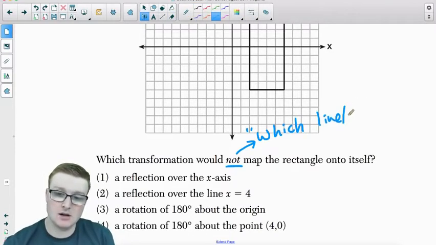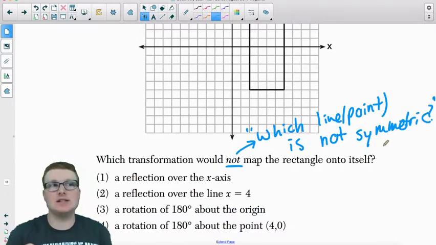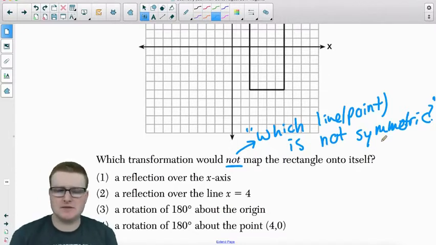Which line or point is not symmetric? In other words, if you rotate or reflect this rectangle and it doesn't have symmetry, that's your answer. So let's take a look at choice 1 and let's see if this will help you.